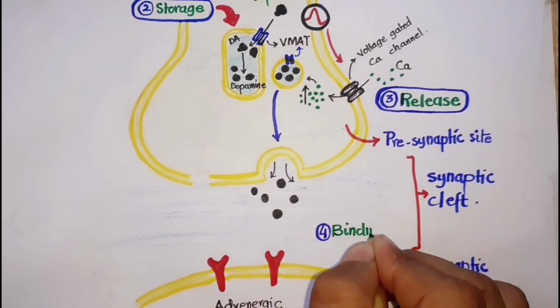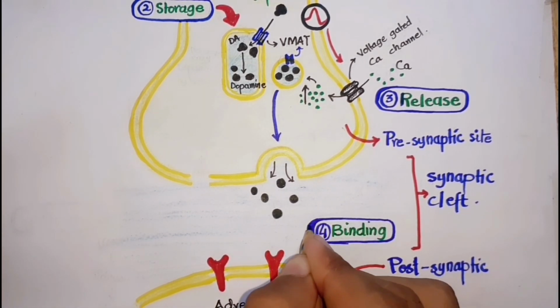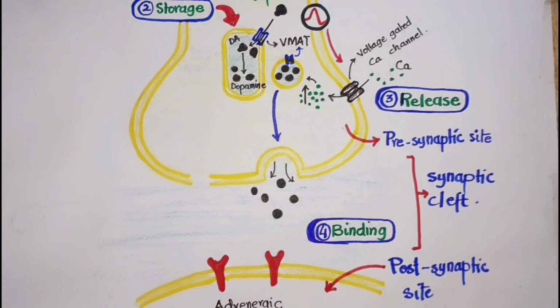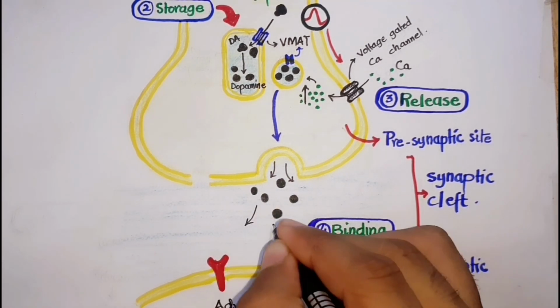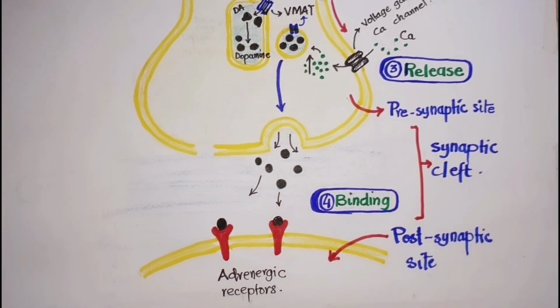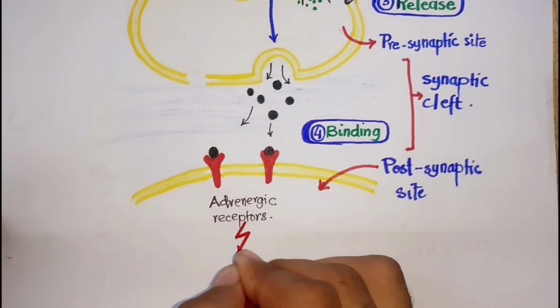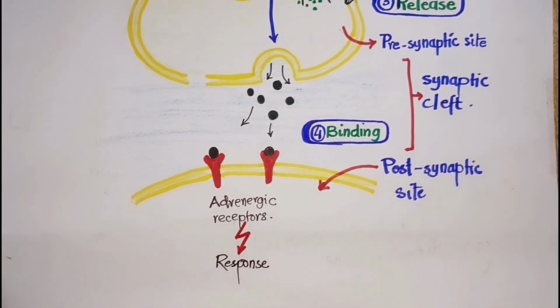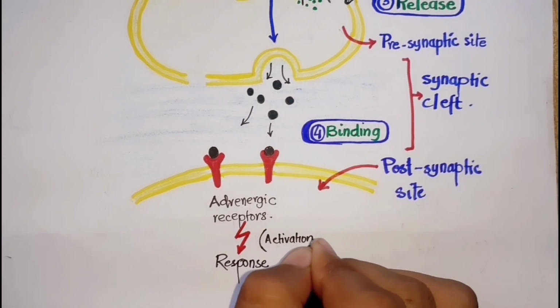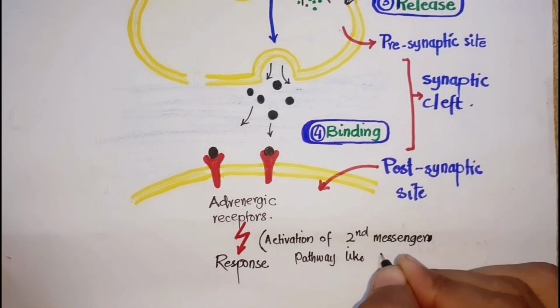Now the next step is the binding of norepinephrine to its receptors. The released norepinephrine diffuses across the synaptic cleft and binds to postsynaptic adrenergic receptors on effector organs and causes a biological response through the formation of intracellular second messengers like cAMP, DAG, and IP3.